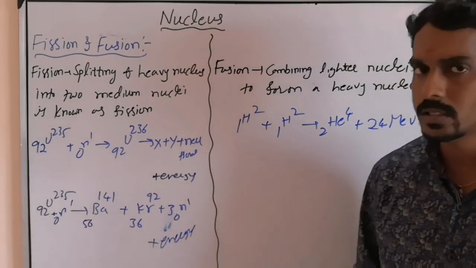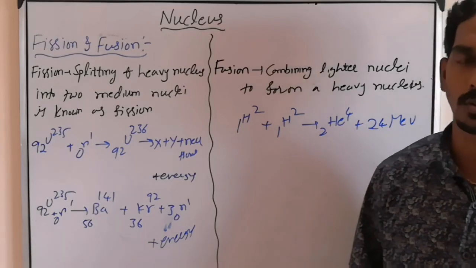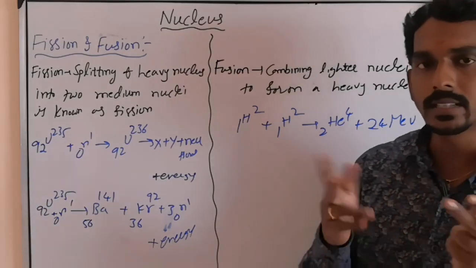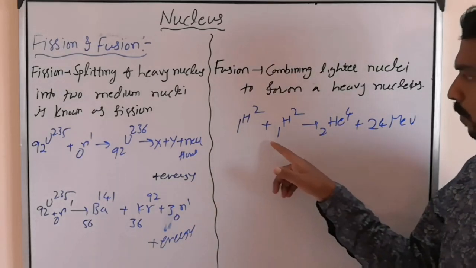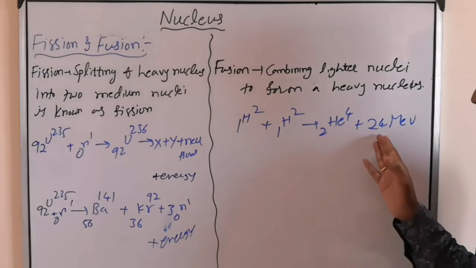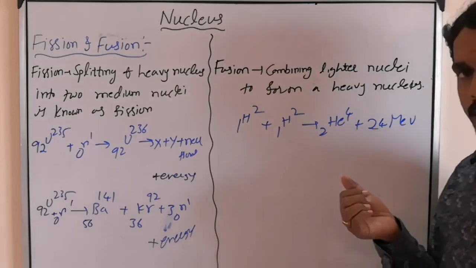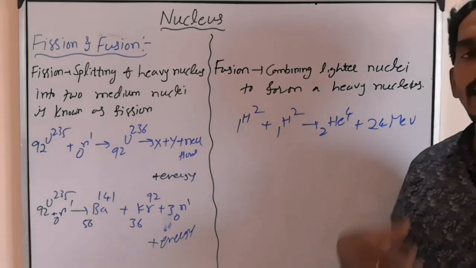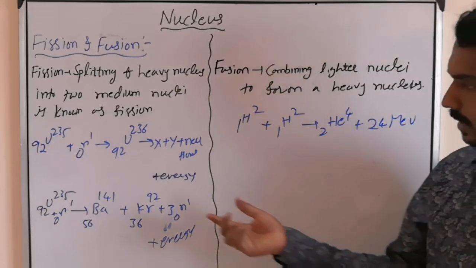Like the one question we solved, 1H2 plus 1H2 equals 2 helium-4. There, two nuclides combined, so lighter nuclei became heavier nuclei, binding energy increases, and energy is released.